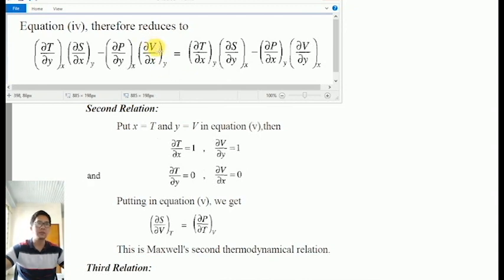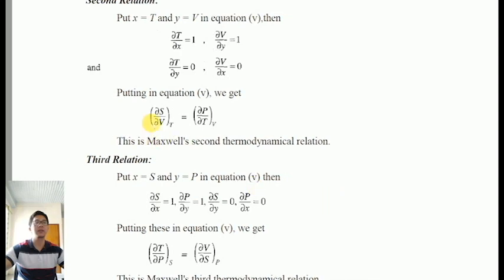Constant volume means this is constant, so this differentiation will become 0. So we put all these conditions and we get del s by del v at constant t equal to del p by del t at constant v. This is Maxwell's second thermodynamical relation. That is, change in entropy with respect to change in volume at constant temperature equal to change in pressure with respect to change in temperature at constant volume.